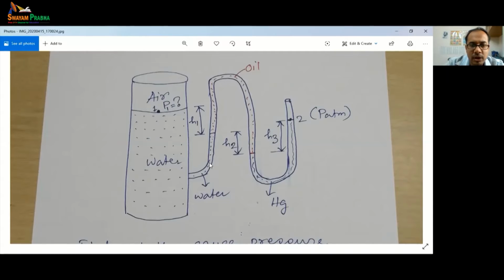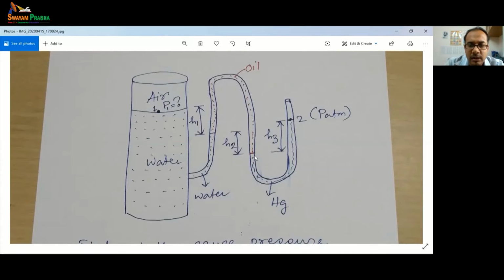So how is this constructed? Up to this height, you see my cursor here, water is filling the tube, and from that point to the point that I am pointing to right now, this portion is filled with another fluid, which is some oil, different from water.